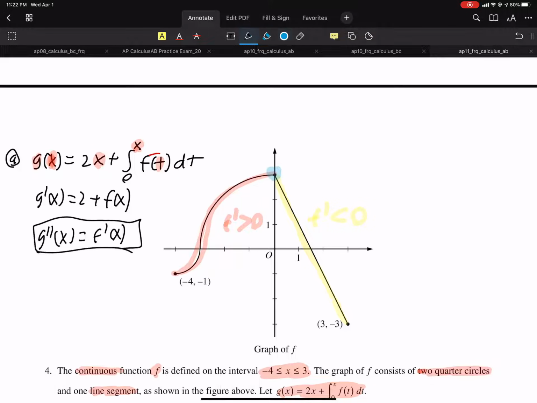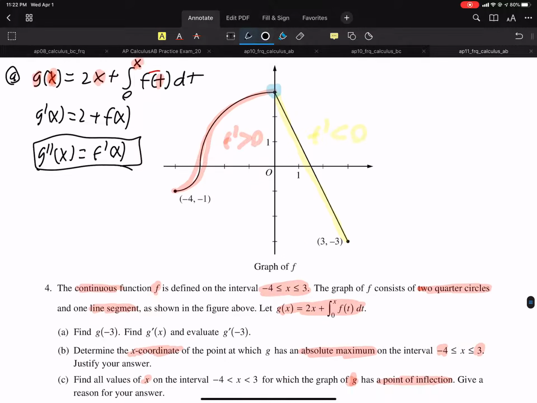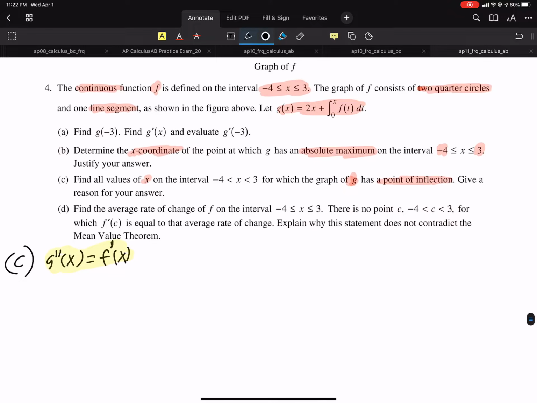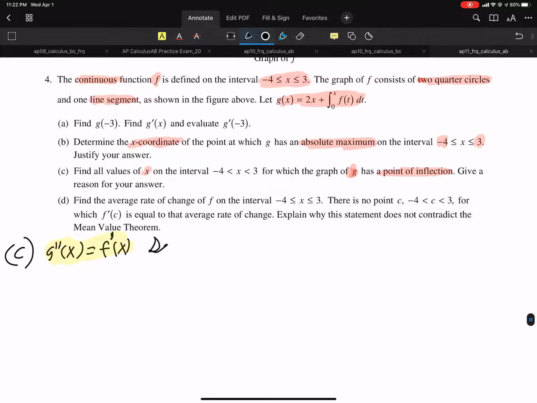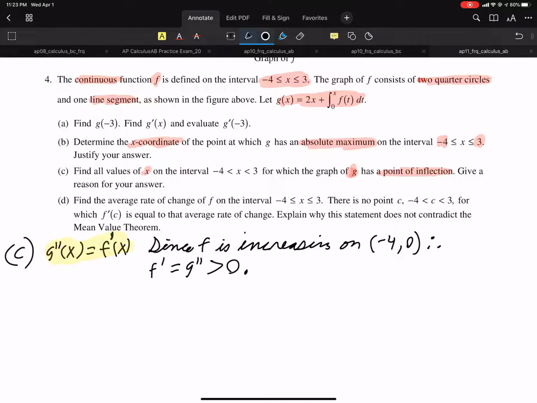But how do I get there? I have to show that the second derivative changes signs. So what I'm going to do is say, since f is increasing on the interval from -4 to 0, therefore f prime, which is g double prime, is positive.